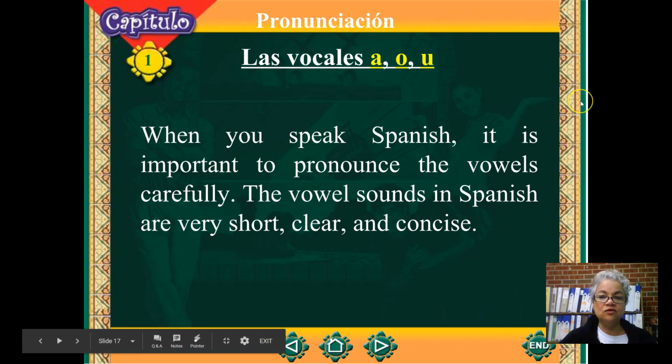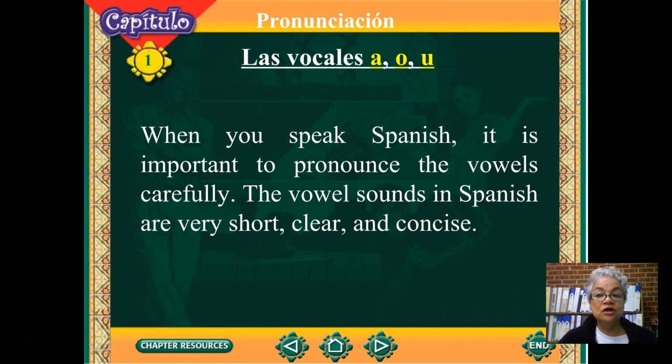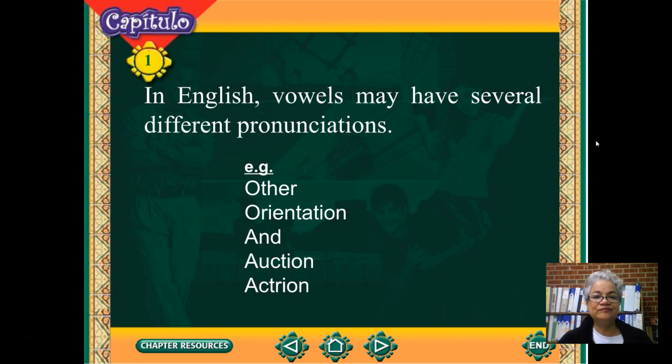Then we have some vowels that the book has you review and distinguish between English and Spanish. So it's a, e, i, o, u. When you speak Spanish and you pronounce these vowels, which are very important, they are usually very short, clear, concise, and pretty consistent. Whereas in English, these vowels are going to have different pronunciations depending on the letters that are in front of or behind them.